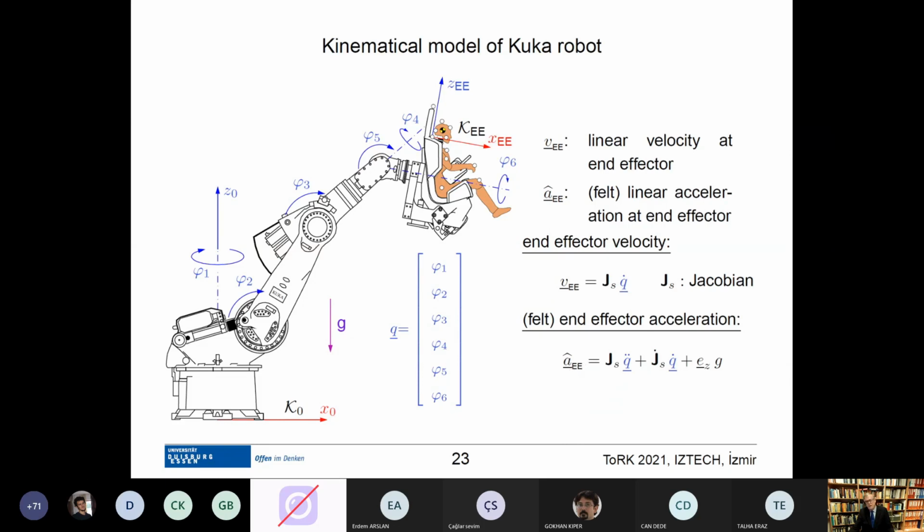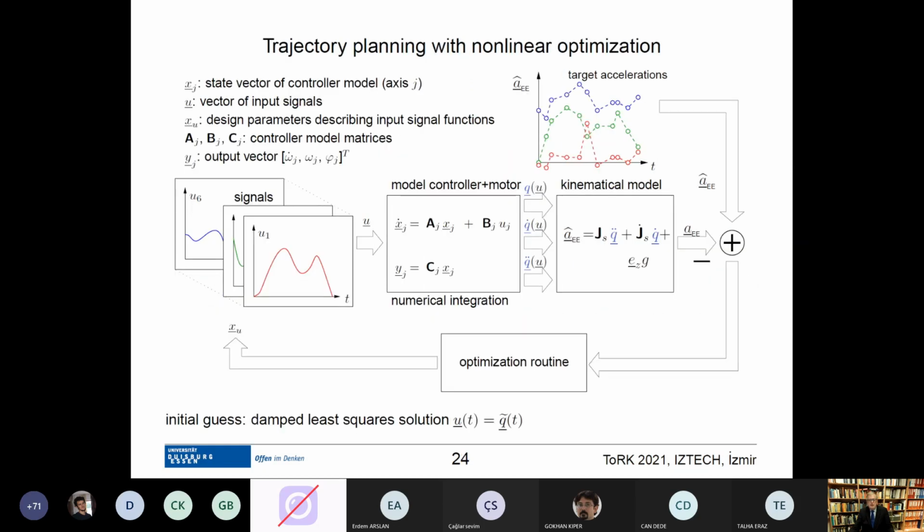A very interesting task for robotic applications. And so more or less during time you have these different target accelerations, and now you have to optimize the motion so that the robot is capable of doing these accelerations as close as possible during the motion.